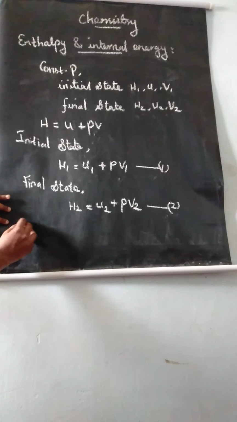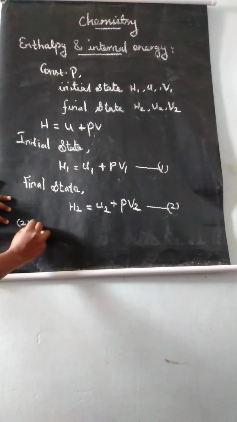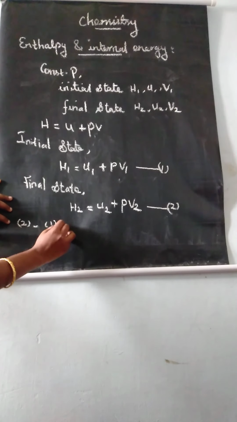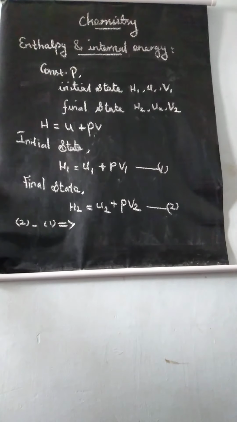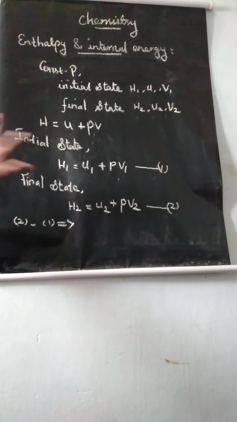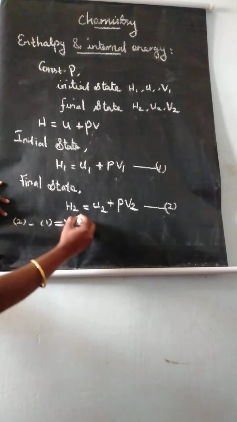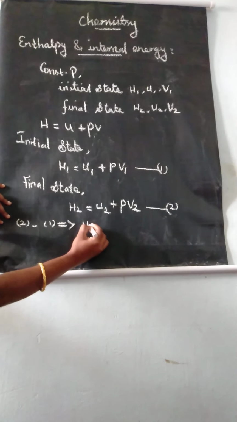Now you just subtract: equation 2 minus equation 1, final state minus initial state.